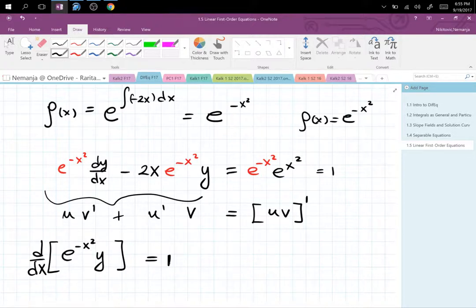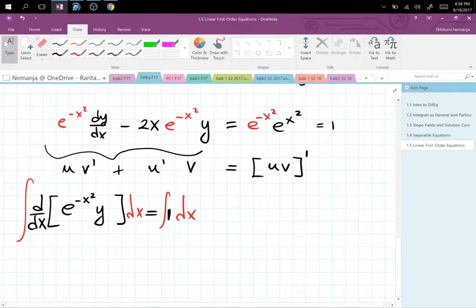Now we need to integrate both sides to kill the derivative. Okay. Are we clear? Good. So now, what I'm going to do is integrate both sides, dx, and you see that the derivative cancels the integral, leaving us with e to the negative x squared y equals x plus c on the right-hand side.